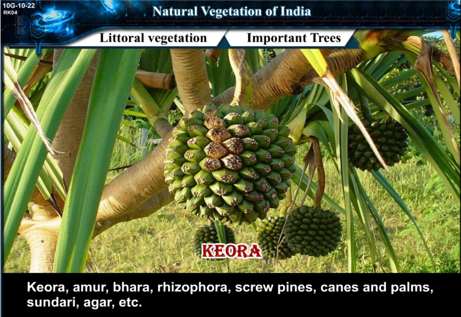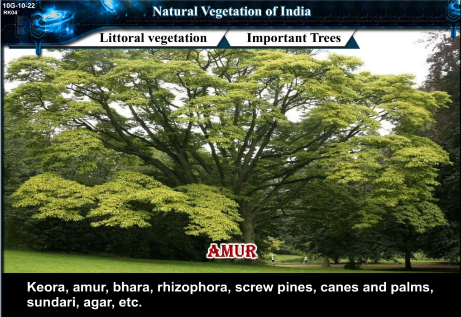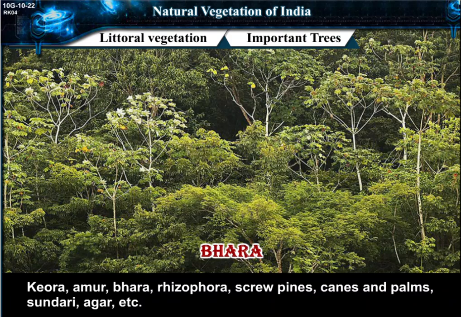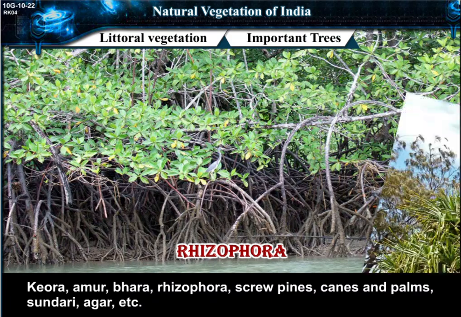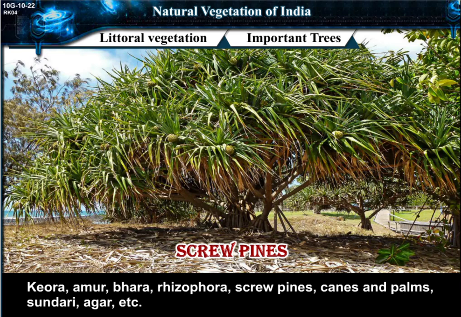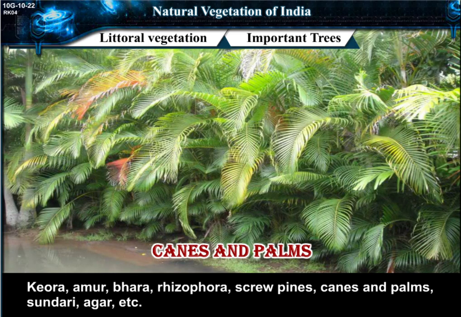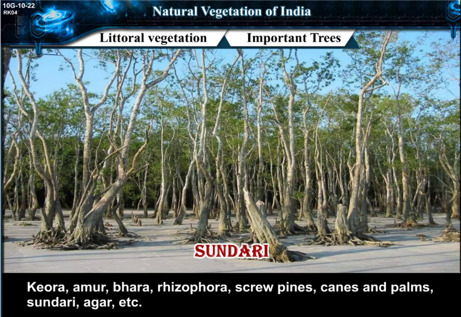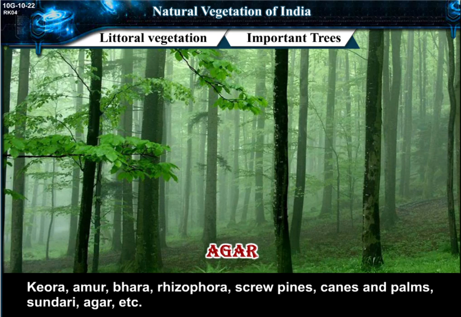Trees like keora, amur, bhara, rhizophora, screw pines, canes and palms, sundari, agar, etc. are found here.